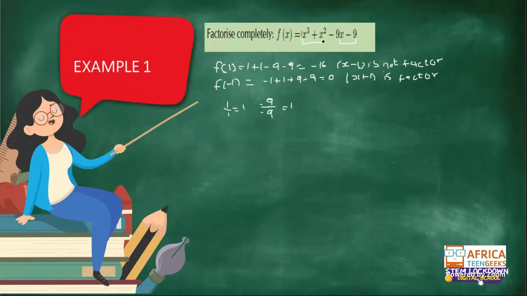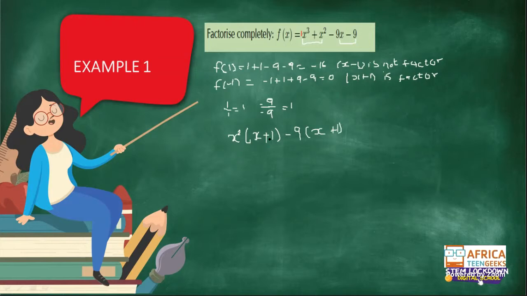How you group is you look at the common factor. You'll have x squared into x plus 1. And then for the last two terms, you'll have negative 9 into x plus 1. Can you see that?